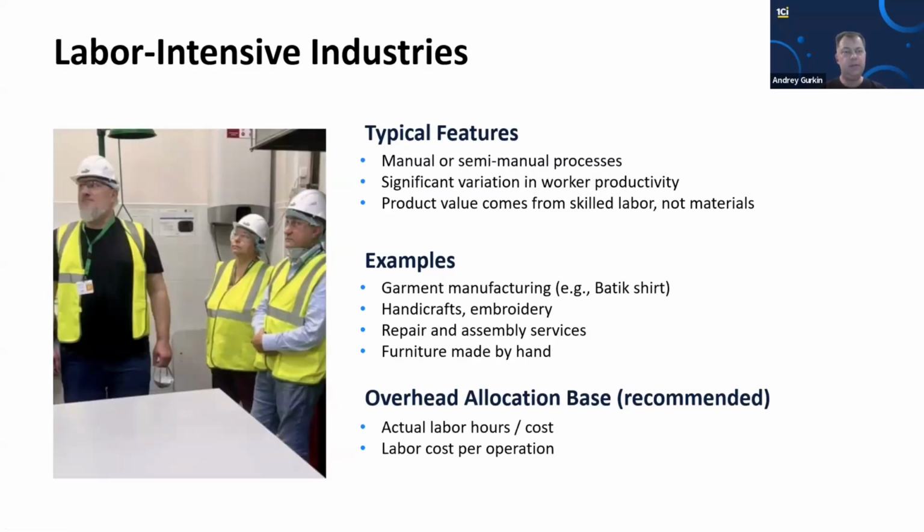The second one is labor intensive industries, manual or semi-manual processes. It's not good, it's not bad, but we understand that maybe the initial cost of the materials is not so big in comparison to other types of costs.